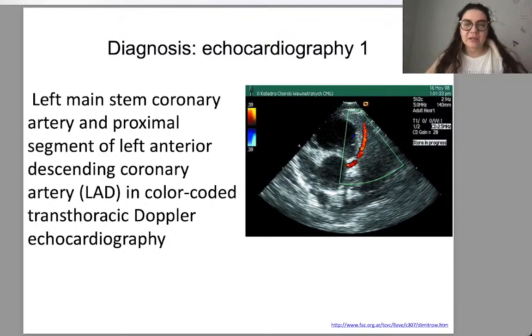Echocardiography. Here we see an example of a picture with the left main stem coronary artery and the proximal segment of the left anterior descending artery in color-coded transthoracic Doppler echocardiography. And you see by the color that blood flow in this artery in some part is not normal, it is obstructed.